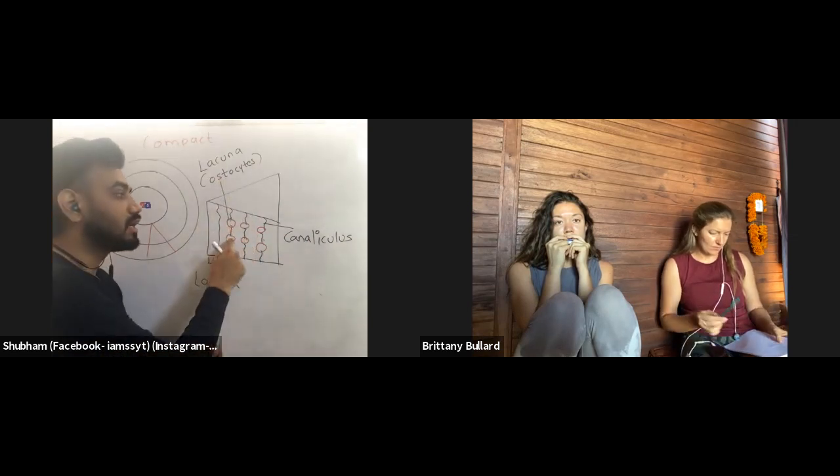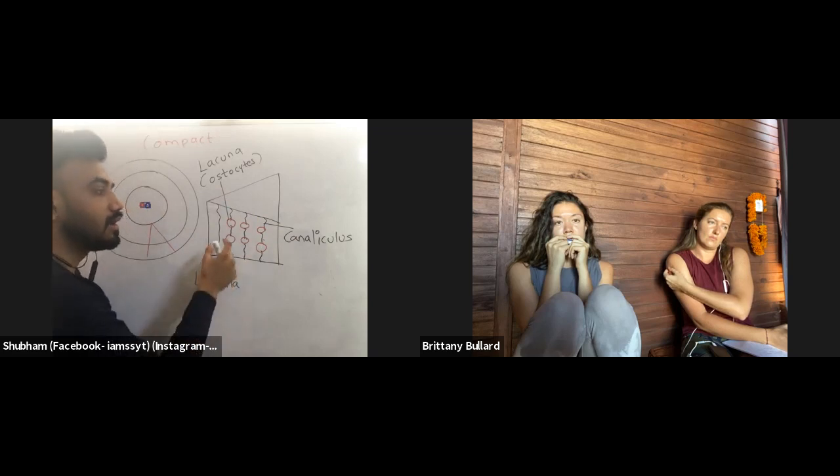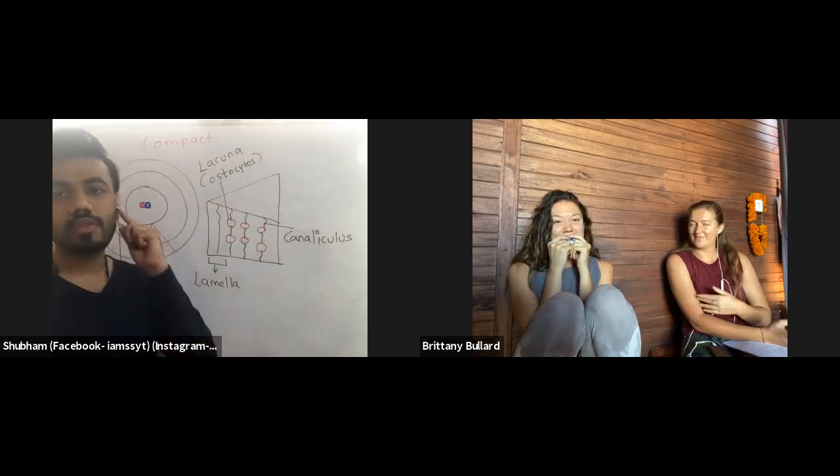So these red circles are connected with a thread that is known as canaliculus. Lamella is this parallel series where they have lacuna, the red dots, which contain osteocytes, and the lacuna connect to each other with the help of canaliculus, this thread.